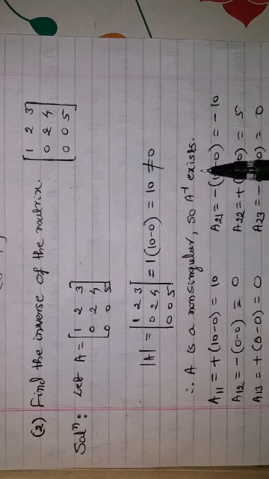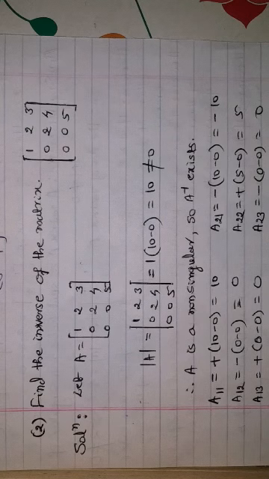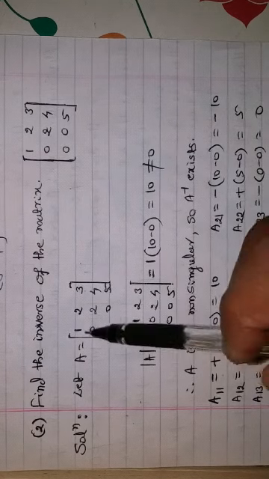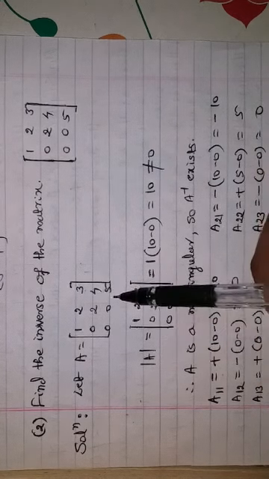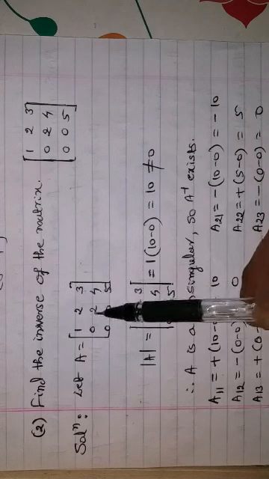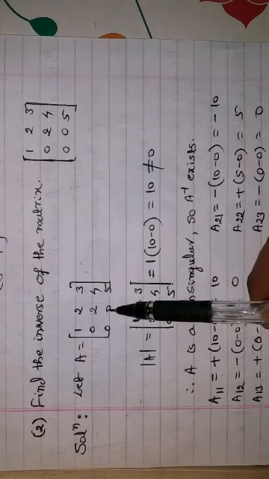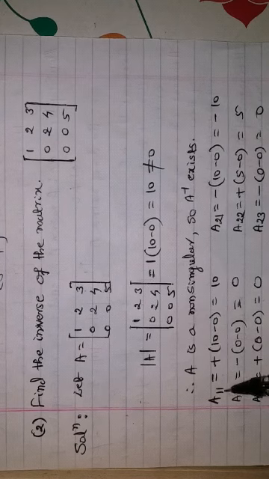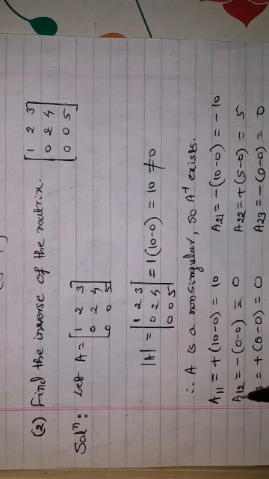So, A inverse exists. In this case, how do you find the A11? Means the cofactor of the element A11. A11 is 1 here. You leave this column, this row, then the remaining square matrix gives 2 into 5 minus 0 into 4. Hence, 10 minus 0 equals 10. By determinant expansion method, you find the cofactors.